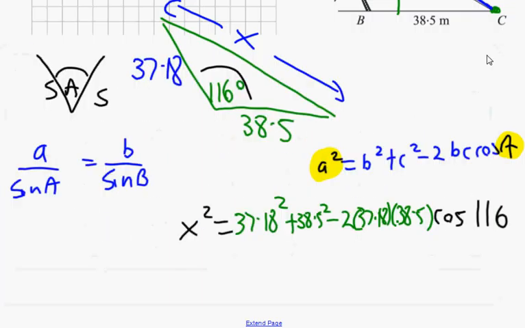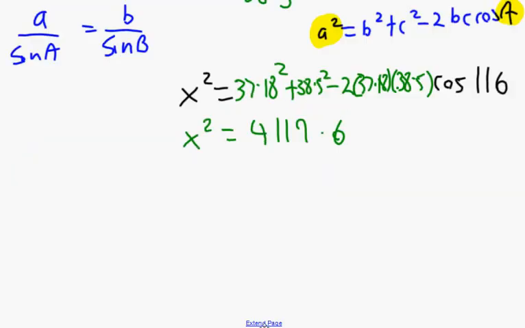Not that anyway. Was it? Yeah, if it's rounded off, yeah. I got 64.184, which is 64.2. Is that my answer? There you go.